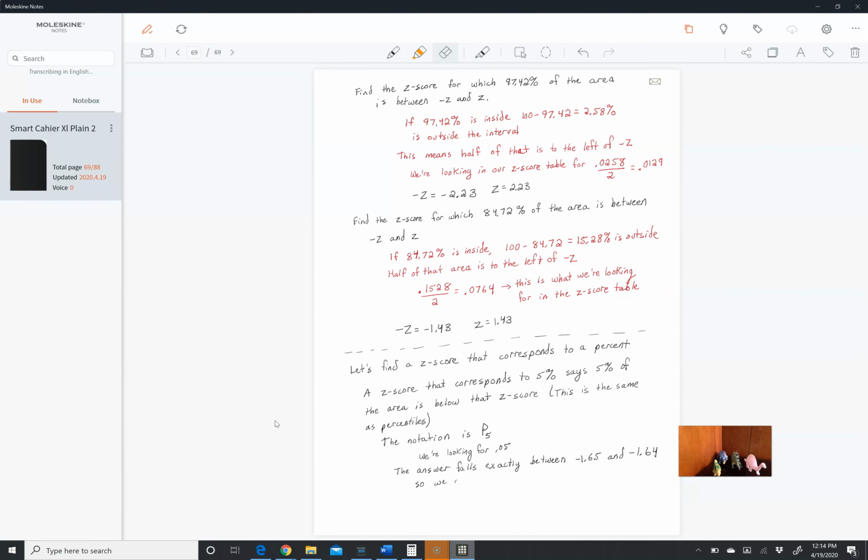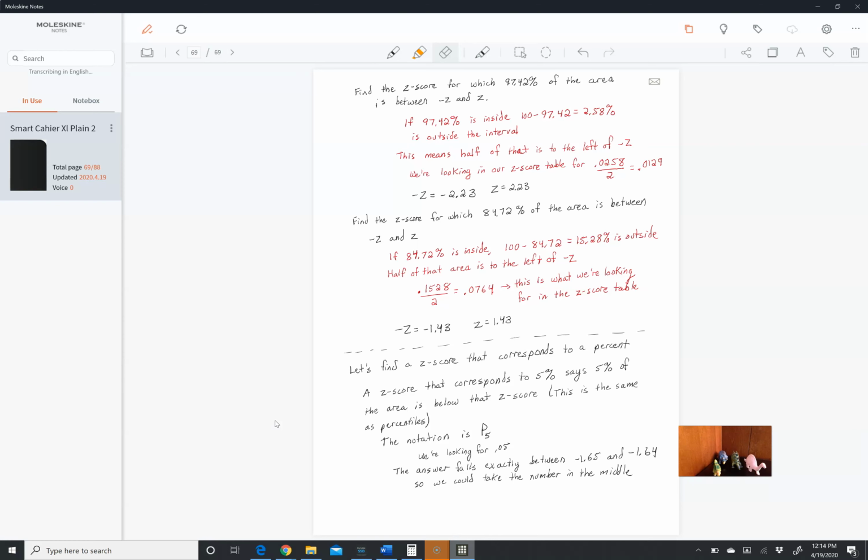So we could take the number in the middle, and you have two options. Some of you are just going to see that it's negative 1.645. Some of you aren't.